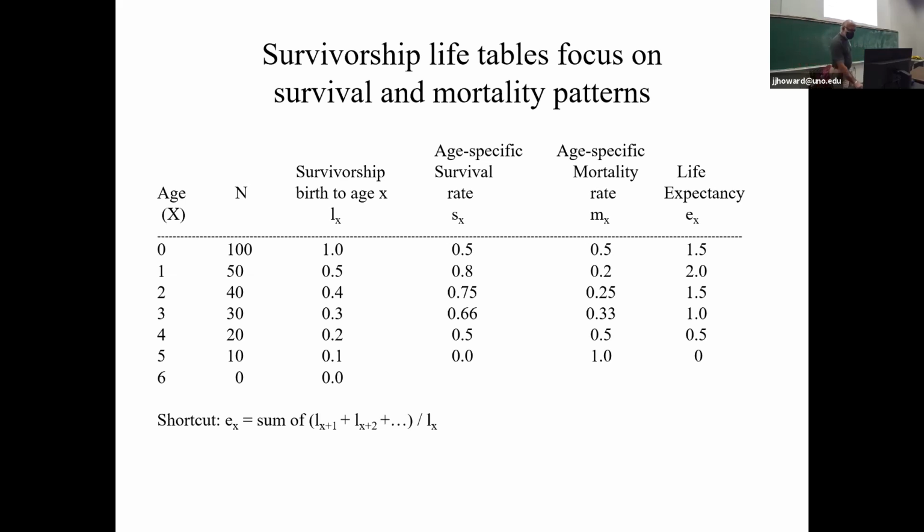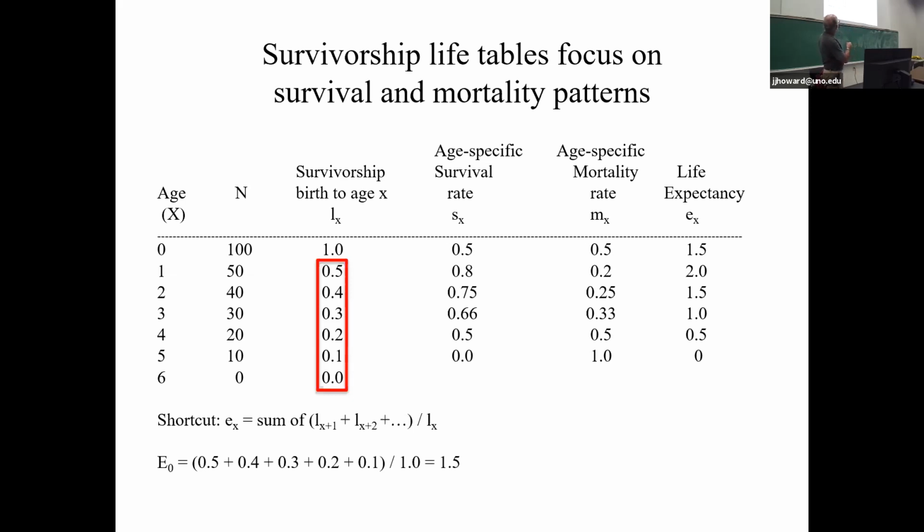So let's take the newborns. E0 then is the sum of the LX column from 1 to infinity, which is outlined in red here, divided by L0. So E0 is all of these numbers added together divided by 1.